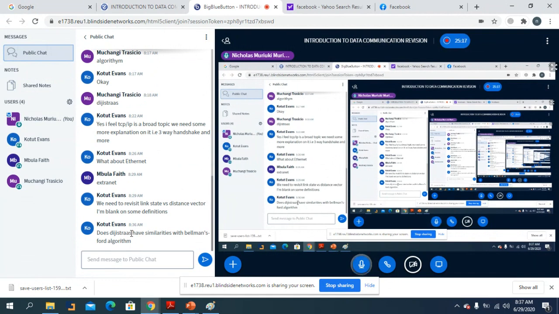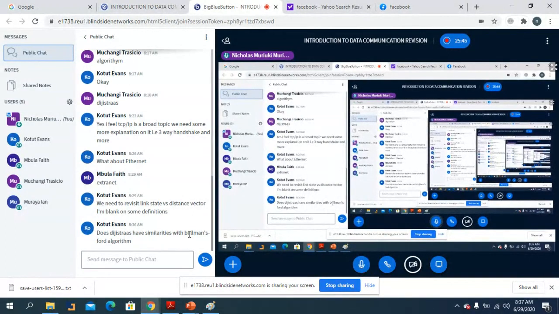But in the Bellman-Ford algorithm, we are looking at how the cabling connection has impacted on the speed of that communication. It has a very slight difference because in this case, we are looking at the bandwidth within the communication. But for this case, how has it impacted on that bandwidth communication?